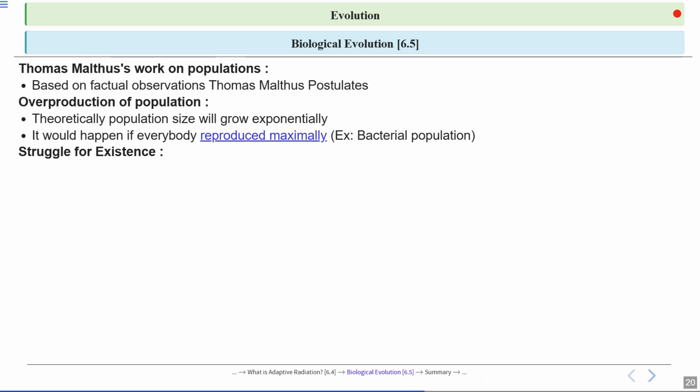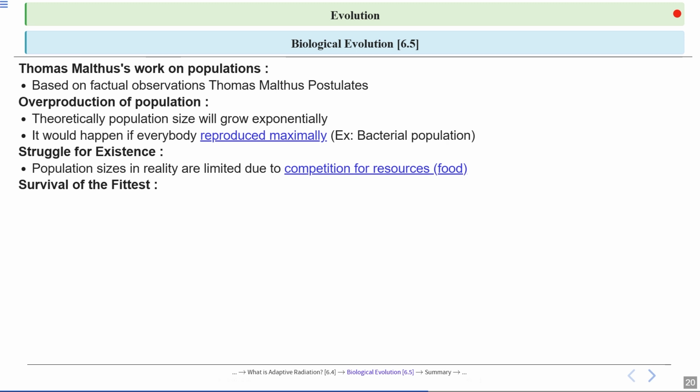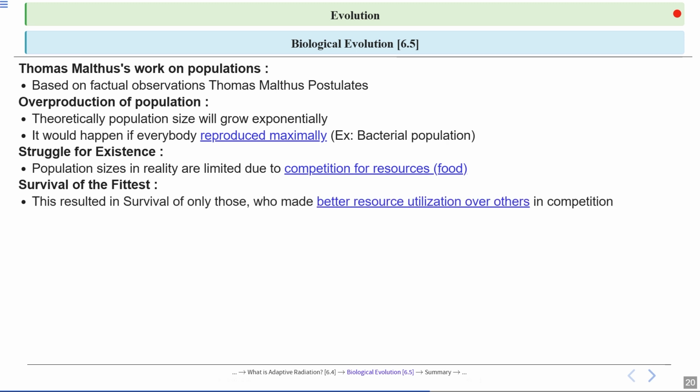Clear? Now, as resources are usually limited, there will be a struggle for existence. So population sizes, in reality, are limited due to competition for resources, such as food. Now, there is survival of the fittest. This resulted in the survival of only those species or individuals who made better use of resources than others in the competition.